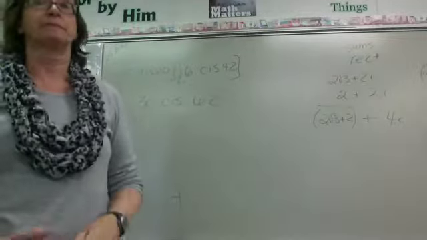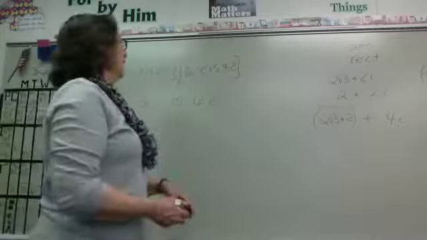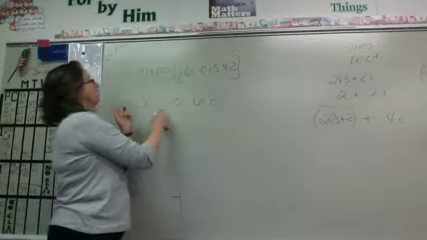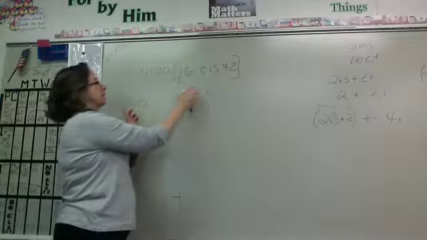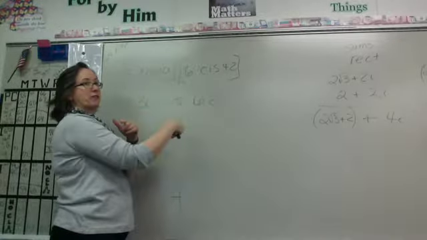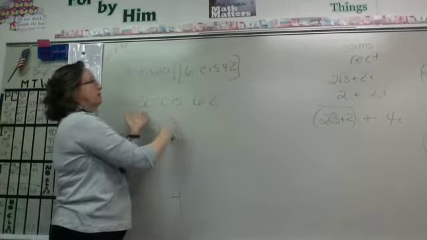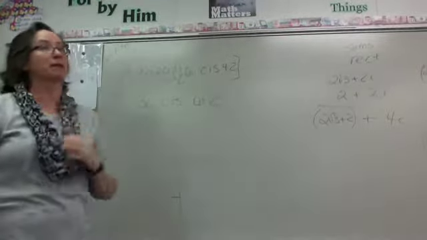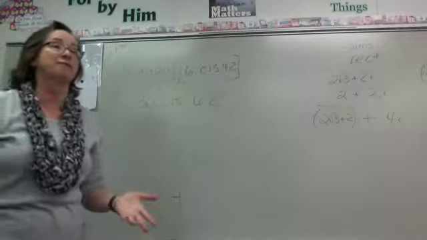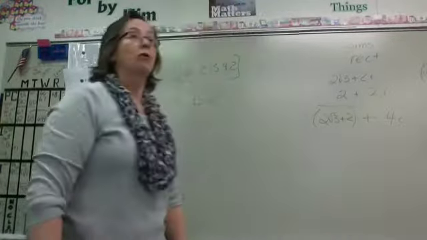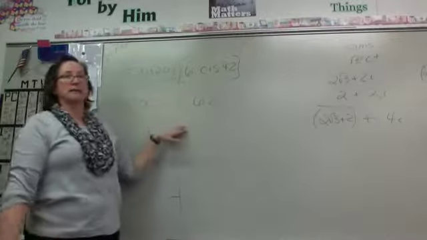Yes? How do you go backwards from here to here? You would not always be able to go back to the exact things without knowing them. In other words, basically when you multiply something together and then you go back to factor it, sometimes there's more than one way to factor it. Okay? So when we go this way, it's absolute.